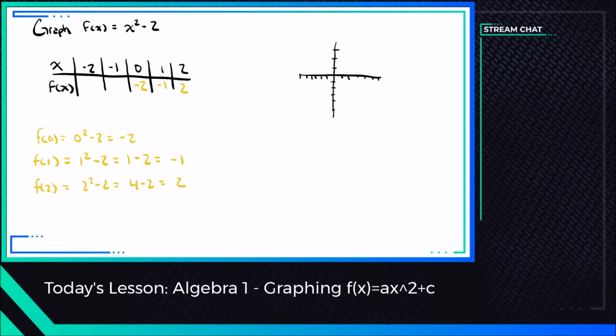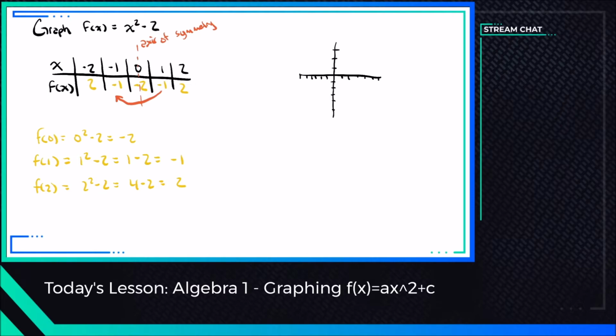And remember now that the other side is mirrored because x equals 0 is our axis of symmetry. So everything is going to be the same on the left-hand side of 0 as it is on the right-hand side of 0. So this is going to be equal to -1, and that's going to be equal to 2.